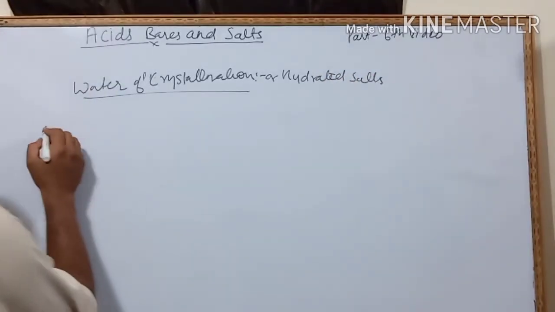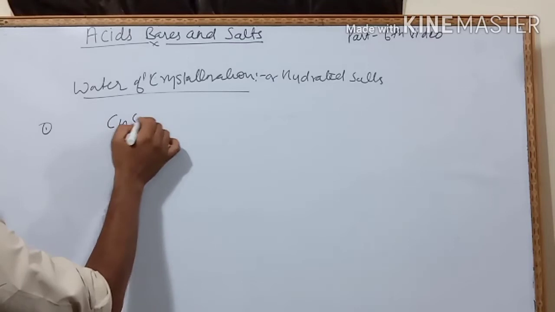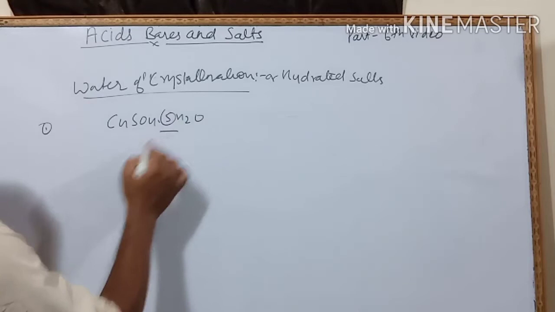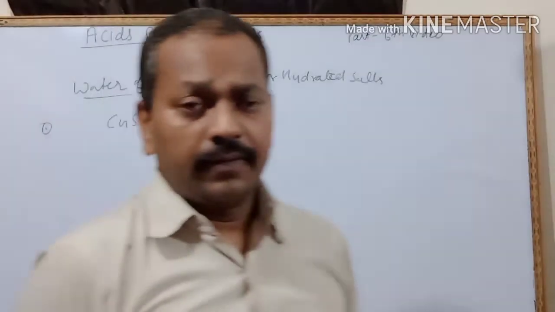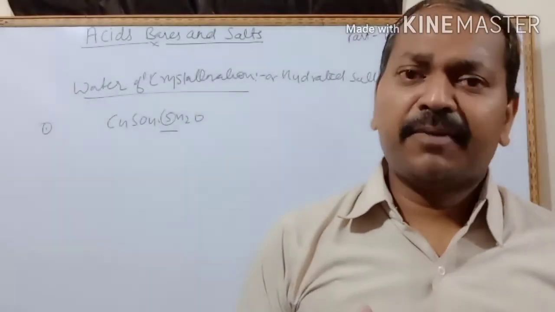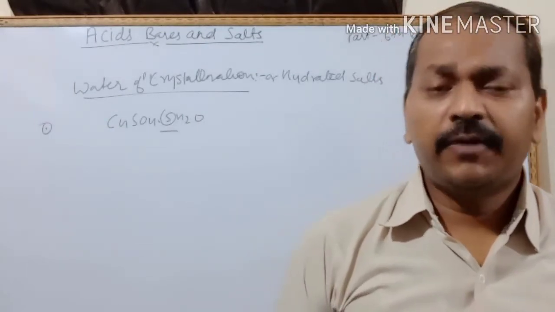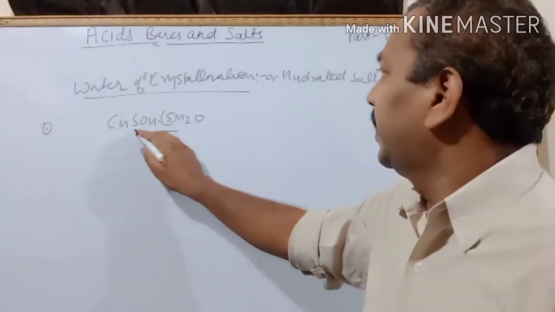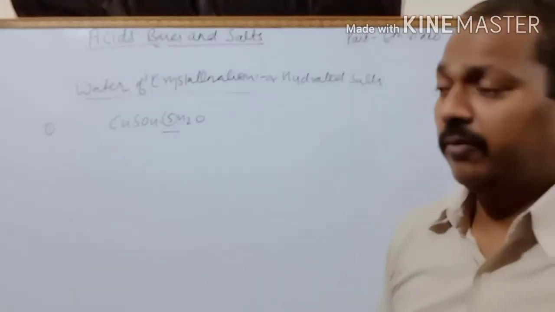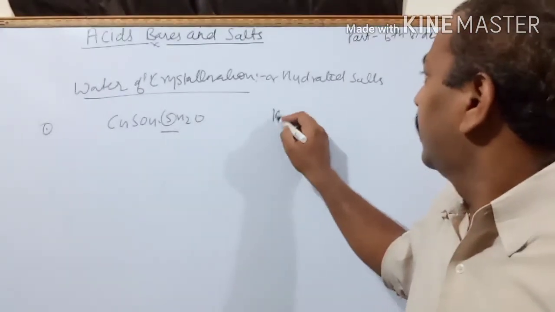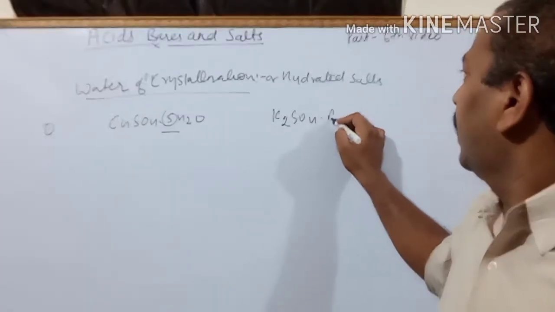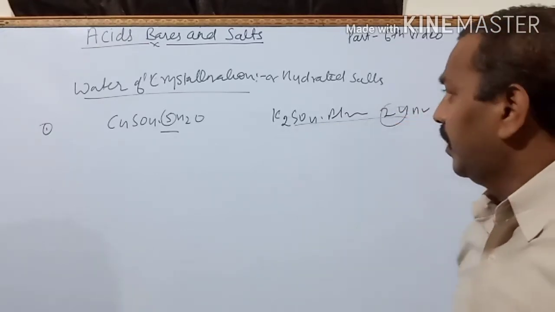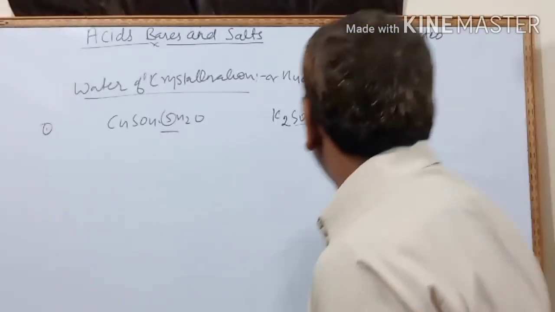Children, as we have written here, copper sulfate 5H2O. In hydrated salt, there is a fixed number of water molecules in one formula unit of salt. One formula unit of salt contains a fixed number of water molecules. Here K2SO4·Al2(SO4)3·24H2O has a fixed number, or Na2CO3·10H2O, right?